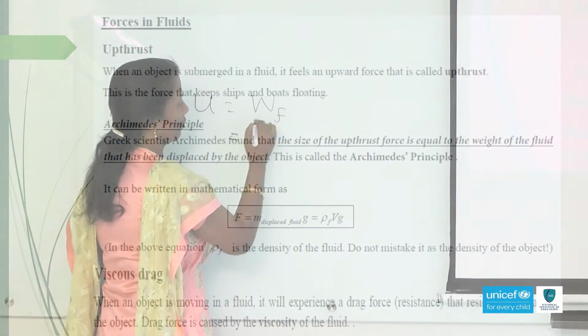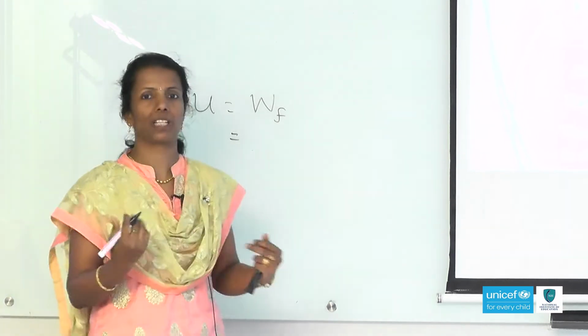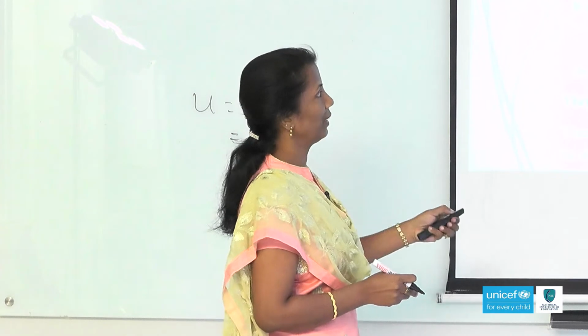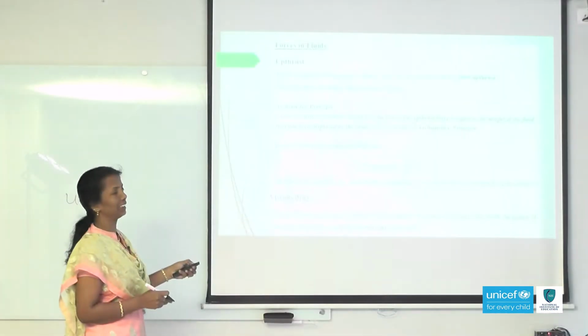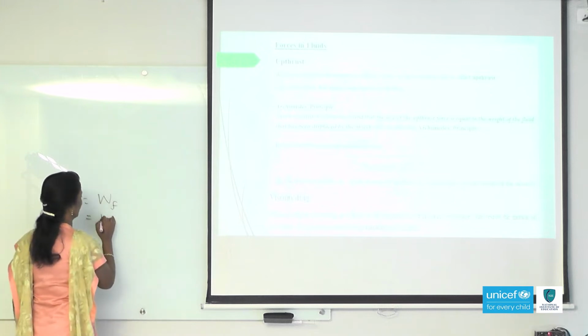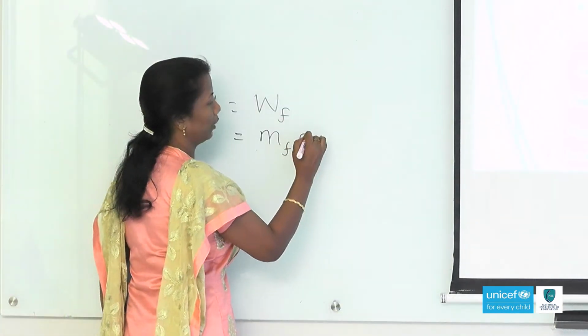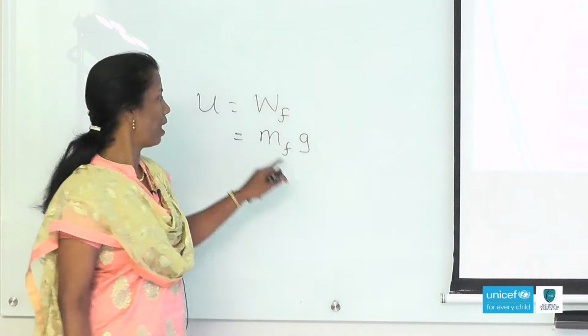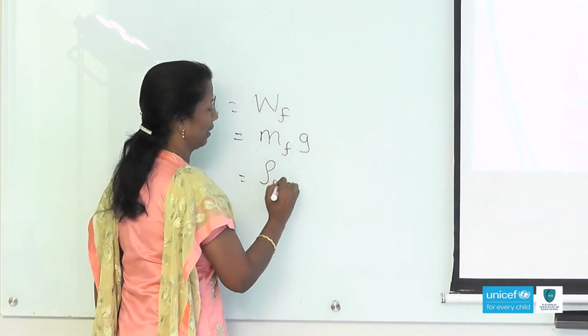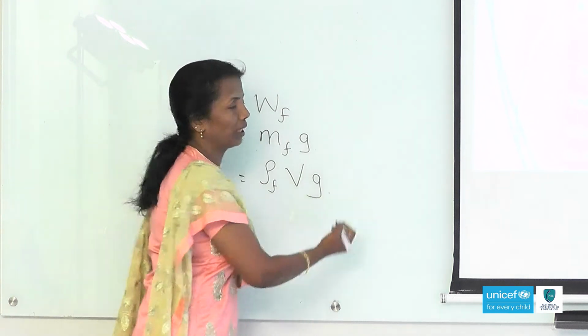How do we express this weight? If you look here, I have given rho V g. How exactly does this formula arise? This weight is actually the mass of the fluid displaced times g. The mass of the fluid displaced can be written in terms of density, so that is how this formula arises, rho V into g.